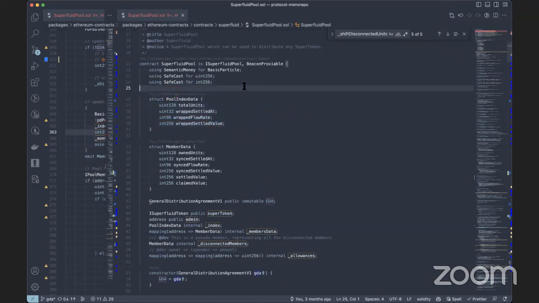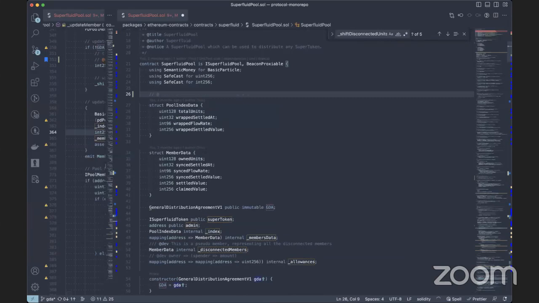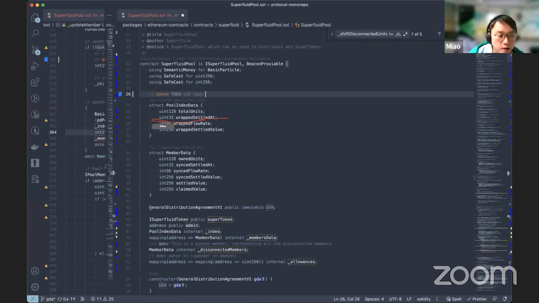Yeah, so make sure that the storage layout order is tested, and here we do assume that it is ABI encoding packed.